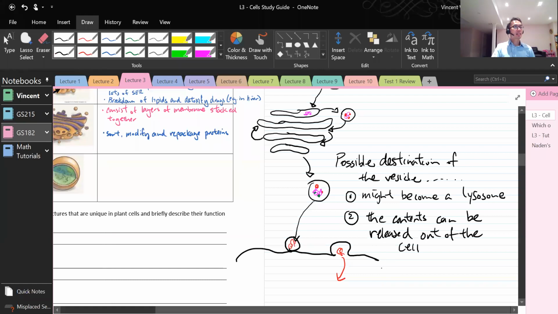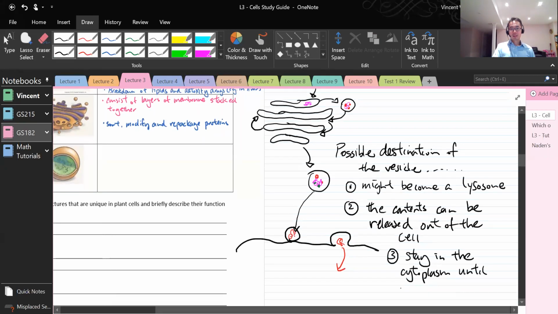And then yes, Tina says store for later. Yeah, so maybe you don't need to release the insulin now. Maybe you want to store it, so it would just stay in the cytoplasm until it's needed. Okay, and number 4, it's also possible that it will embed into the membrane.